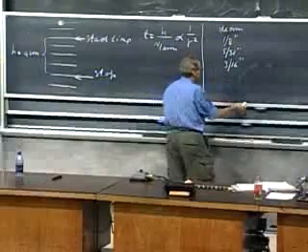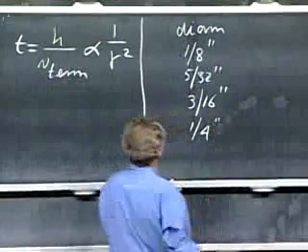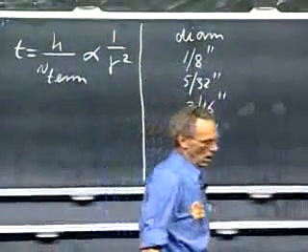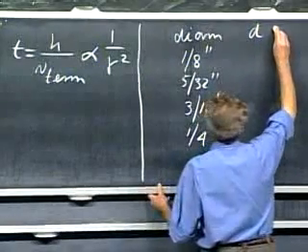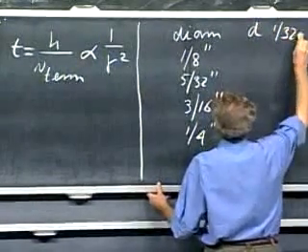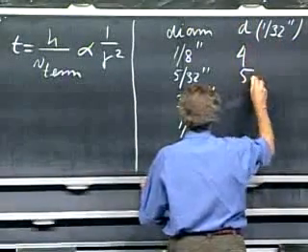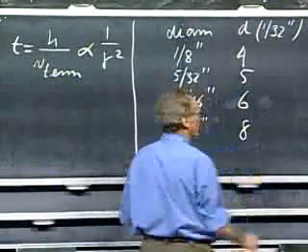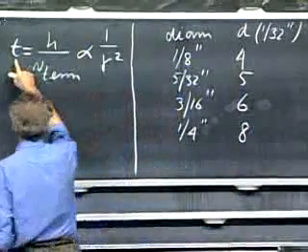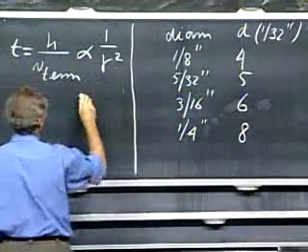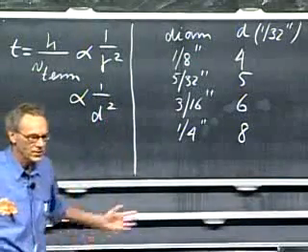All these things come in inches, that's one of those things, and I have 1/4 inch diameter. If I give you here the diameter in terms of 1/32 of an inch, then this is 4, 5, 6, and 8. Easy numbers. Clearly, if the time that it takes is proportional to 1 over r squared, it will also be proportional to 1 over d squared. Of course, that's the same.